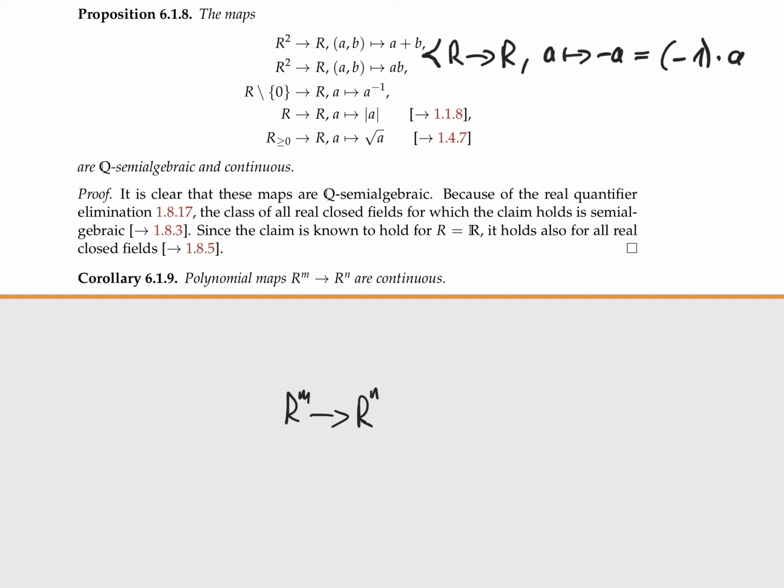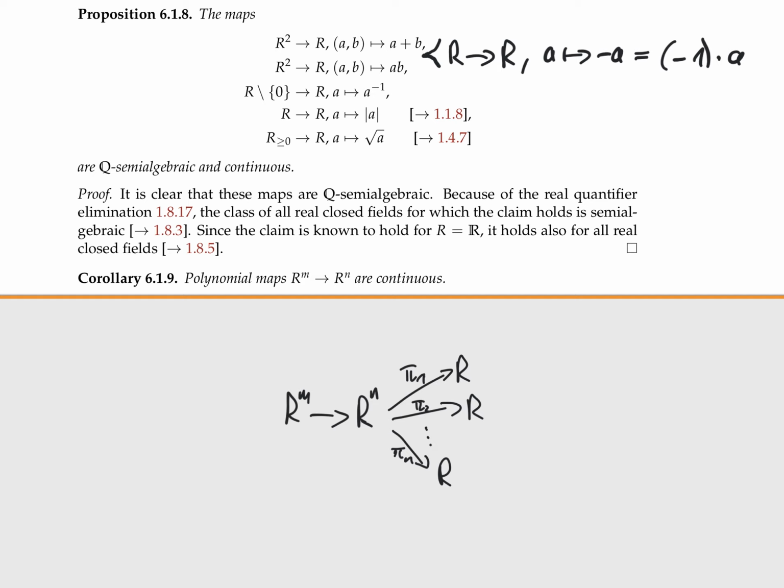Well, that means that all components of it, that is, the composite maps if I compose it with projections on the ith component, that all these n composite maps are polynomials, right? So that this is a polynomial map means that these composite maps are represented by polynomials.